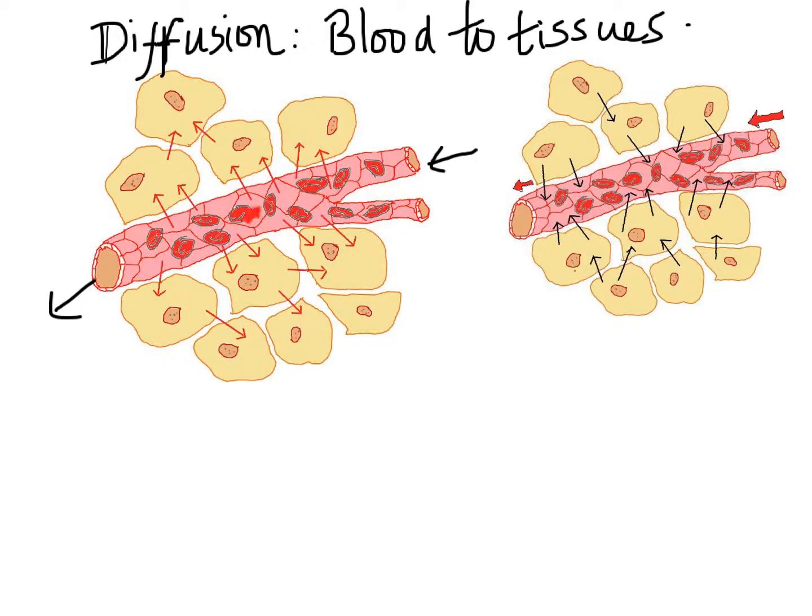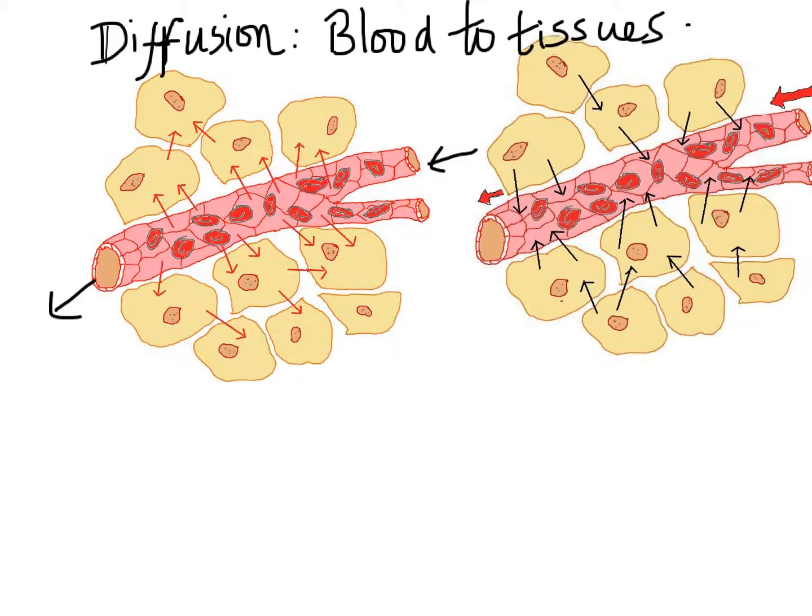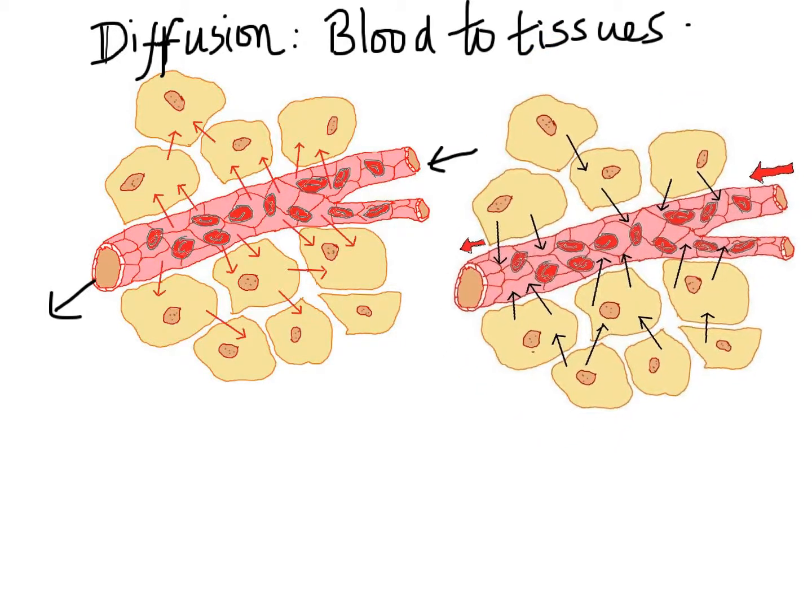Going into each tissue, it branches into very thin capillaries, which means high surface area. So, three main adaptations. This diagram here shows only the diffusion of carbon dioxide. As you can see, blood again moves in the same direction as this is the same diagram.